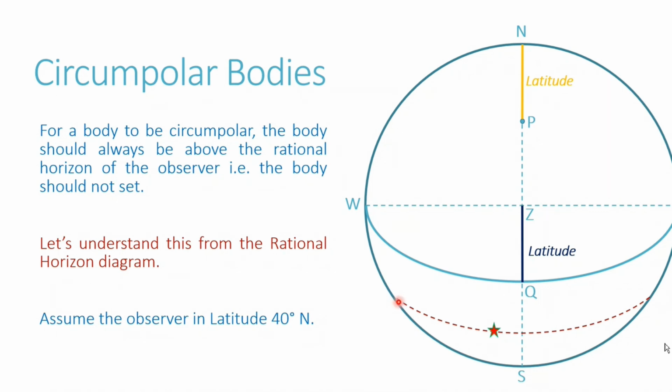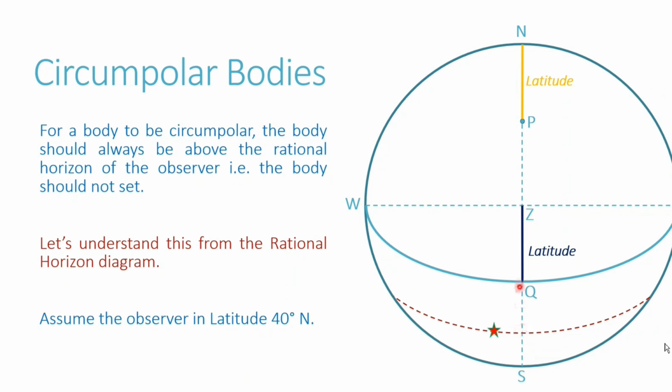And we can see here that this body is certainly not circumpolar, because at this particular point it is going to go below the horizon of the observer. Now you could have picked up a body of any southerly declination lying between Q and S points, and you will see that all those bodies' declination circles will hit the western horizon at some point, making that body go below the horizon.